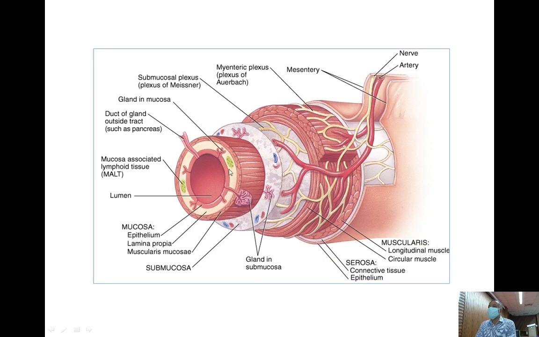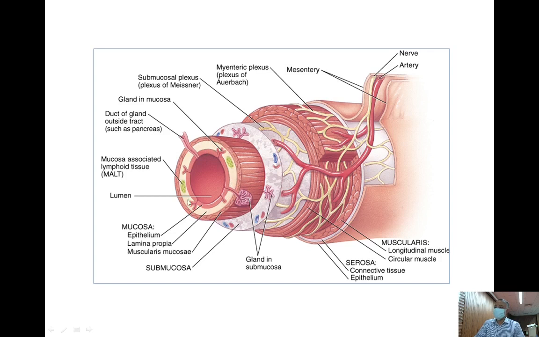Clear? Suppose this is our innermost layer. This is our lining epithelium. After the lining epithelium we have the lamina propria. This white part is the lamina propria, which is made up of connective tissue, and then we have the muscularis mucosa, which is muscle fiber.